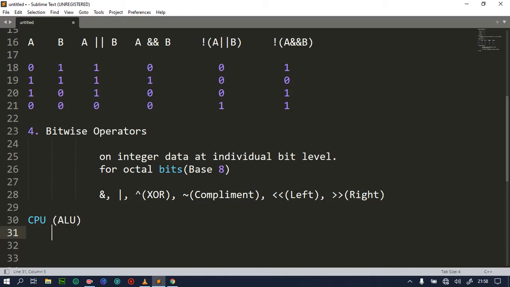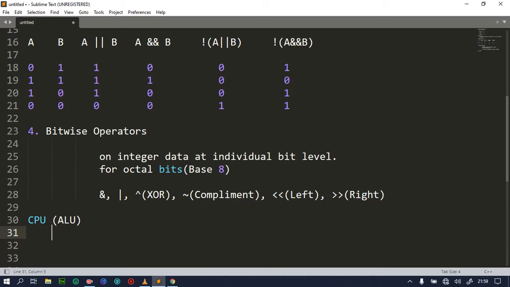I'm saying it again. These bitwise operators, or bit level operators, which do the testing, the shifting, and all that we've talked about, work specifically with the CPU. And I've told you the CPU has its major part, which is called the arithmetic logic unit. What does it do? That is where all computations occur.